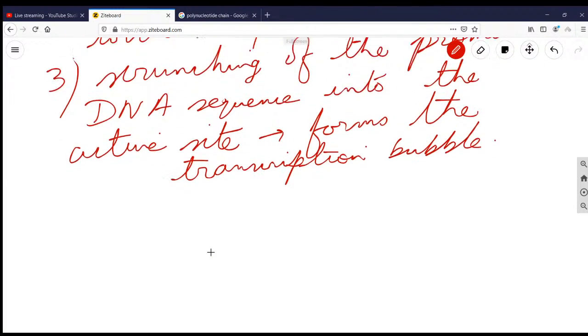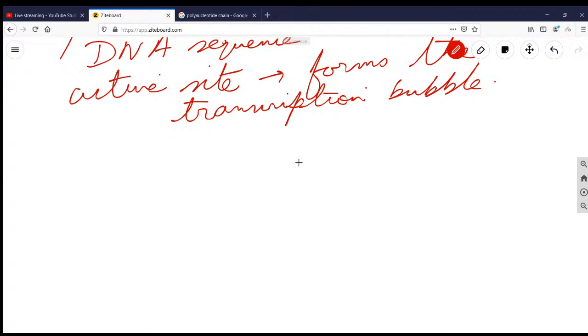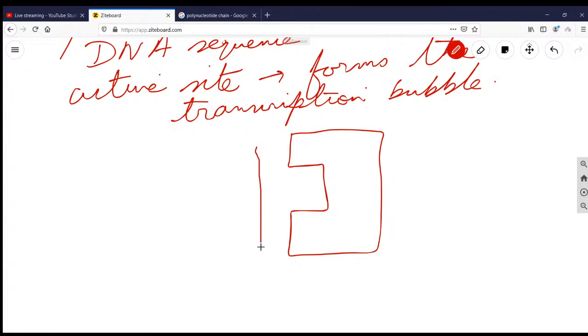So what happens is, suppose this is the active site of RNA polymerase. So now this was the promoter sequence. From here we have -35, we have -10.